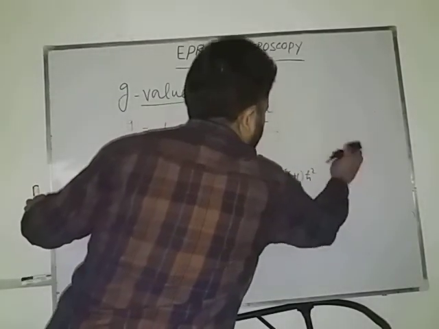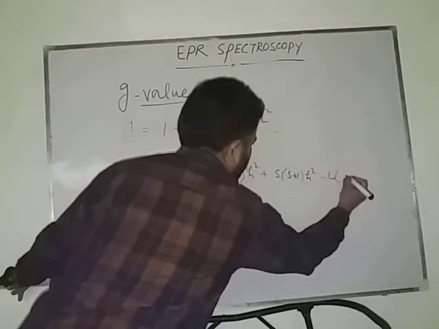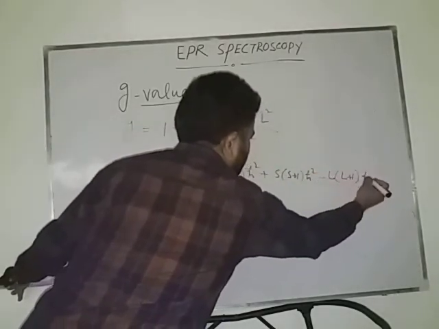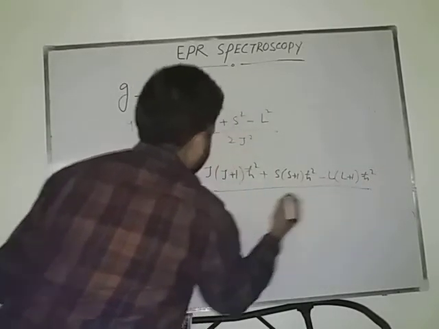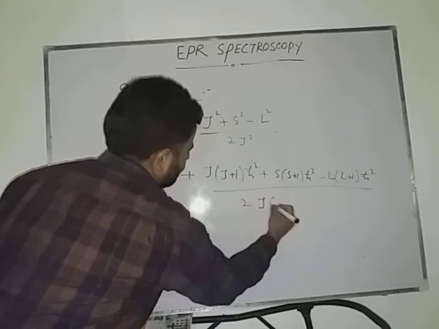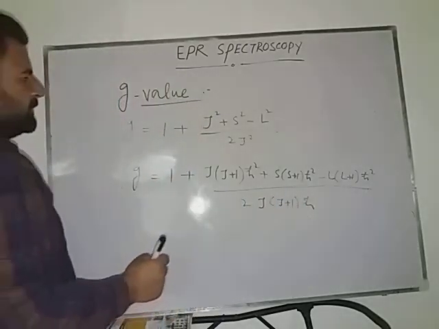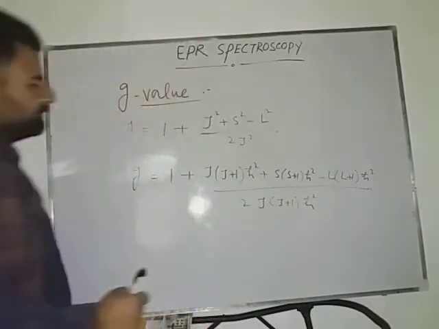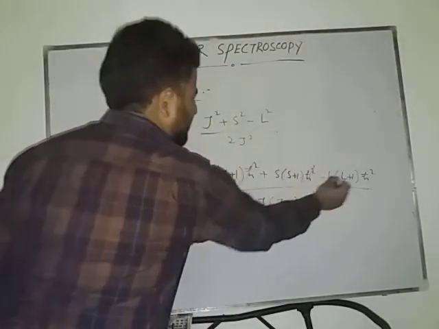Similarly, minus L into L plus 1 h cross square, divided by twice J into J plus 1 h cross square. So this h cross square will cancel out.